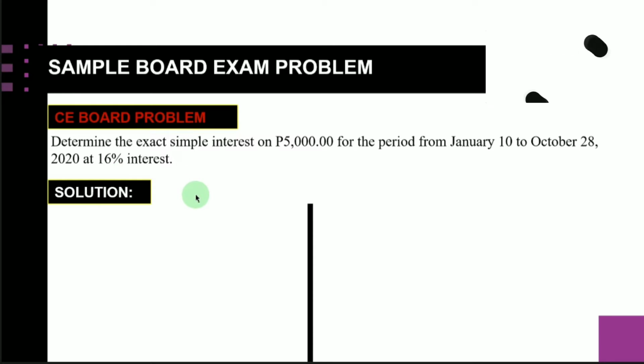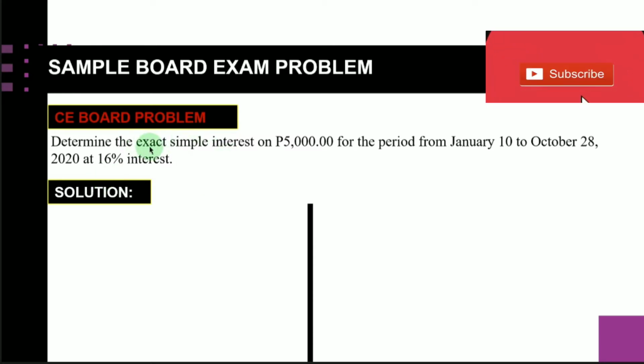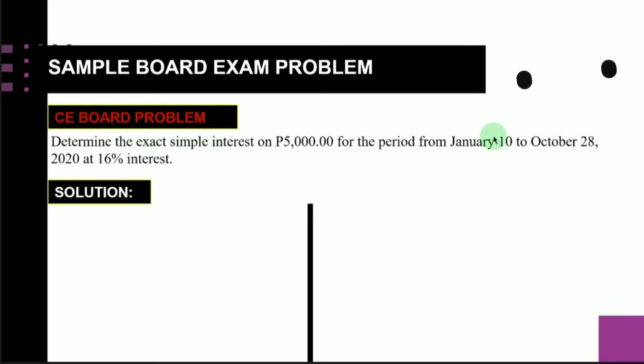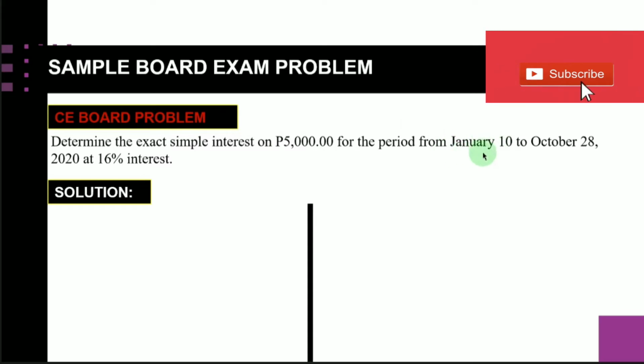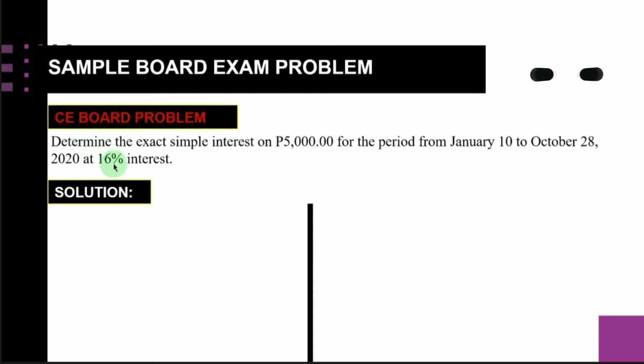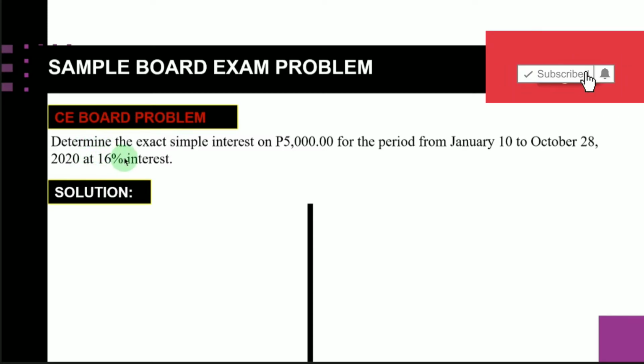From here we need to determine this exact simple interest, given the time period from January 10 to October 28 of the year 2020 and the rate of interest of 16%.